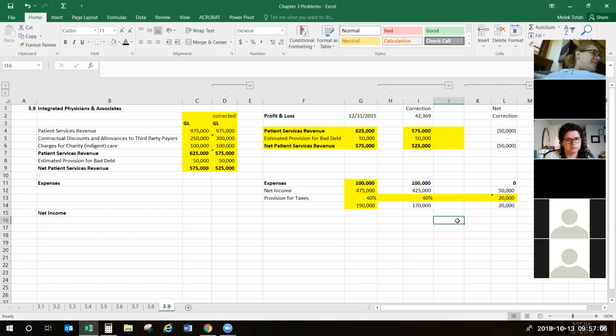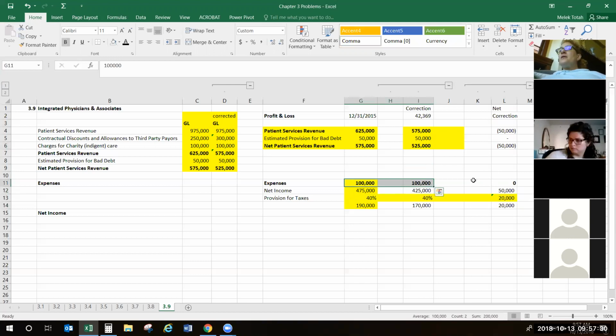Okay, let's see. Then it asks about the differences in the net patient services revenue, right? So we talked about that. There's a $50,000 difference. We talked about the expense, right? And then we said there's no change on expense.